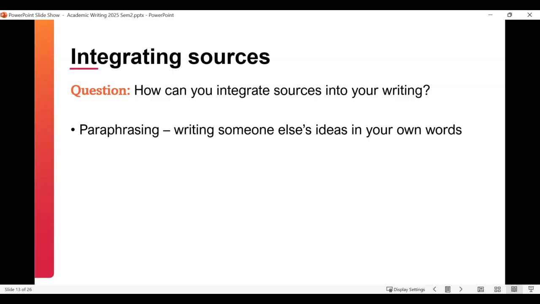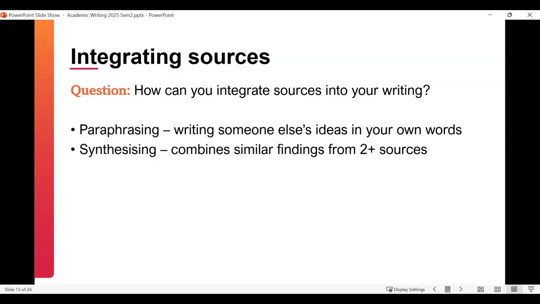So we have paraphrasing. Paraphrasing is basically reading about someone else's ideas and you bring them into your own words. Jennifer, inserting tables and figures, I'll get back to you on that. So that's paraphrasing. Then we have something called synthesizing. You do your readings and you find 2, 3, or 4 authors or texts that you've read, and they all agree that dogs are awesome.